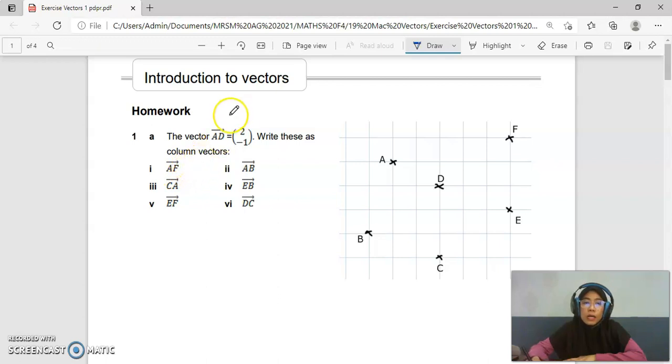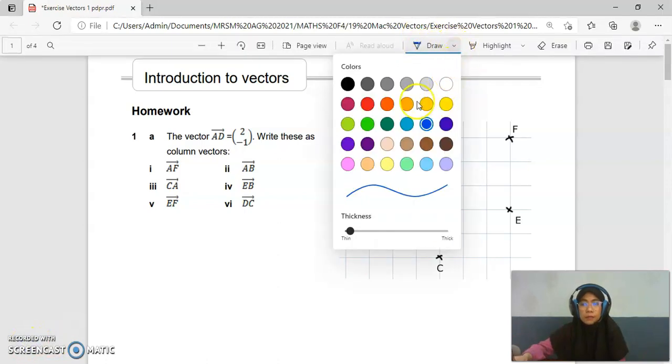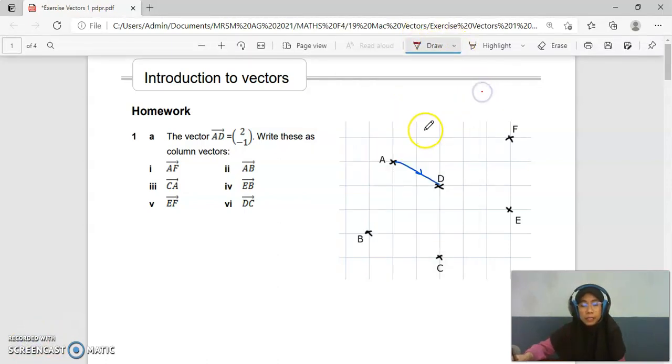Okay, so given that AD is (2, -1), how did we get (2, -1)? First things first, we must draw the line from A to D. Then bear in mind that the first step for the column vector is the movement in X direction, and then we continue with the movement in Y direction.